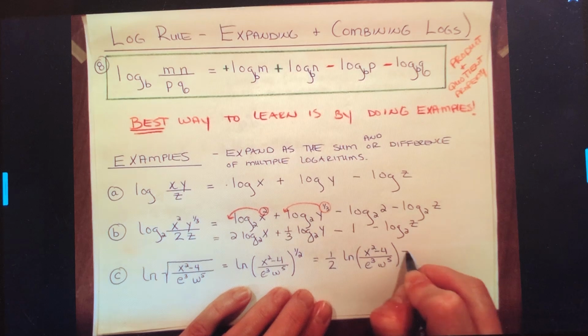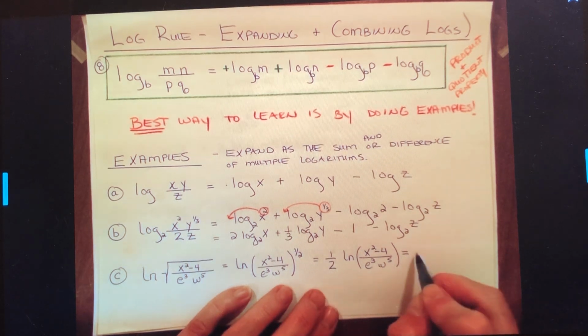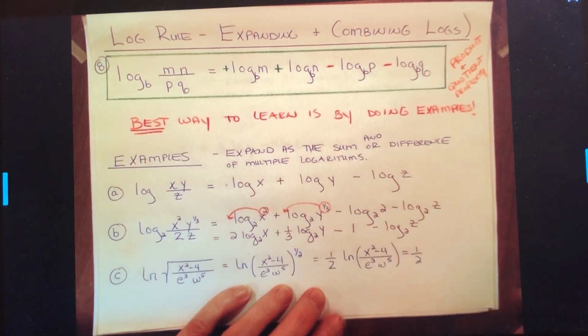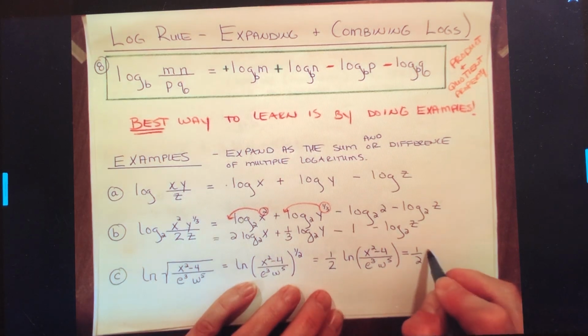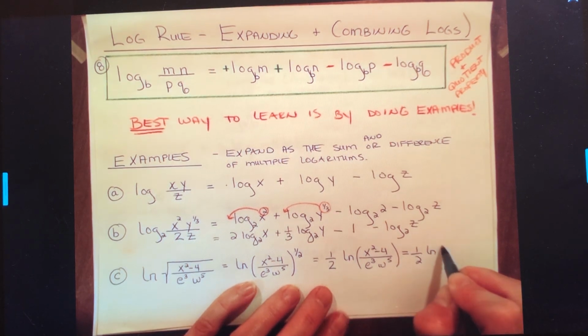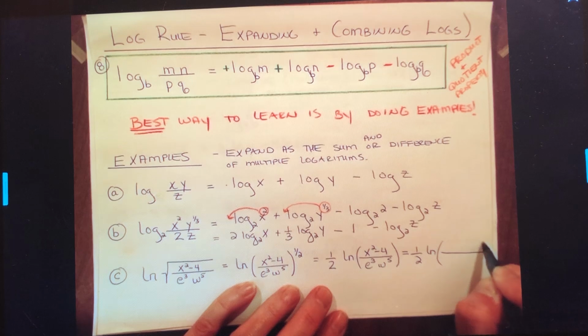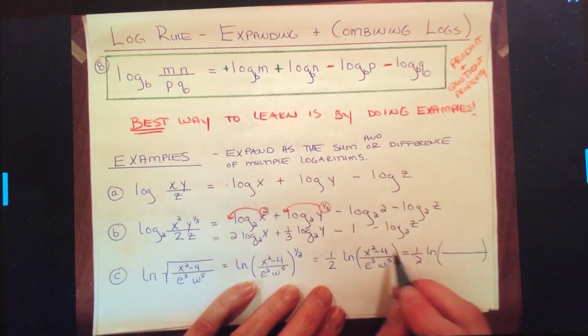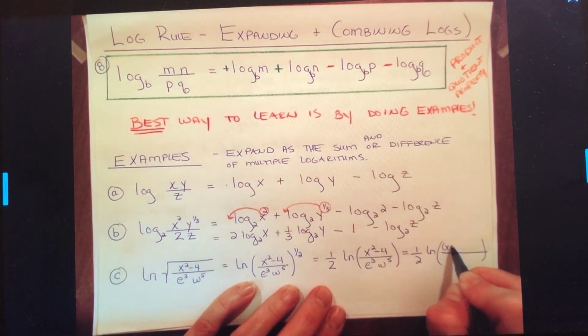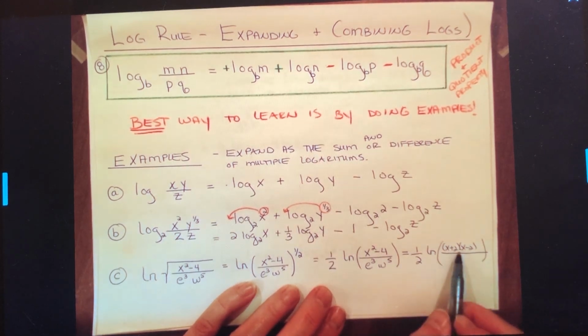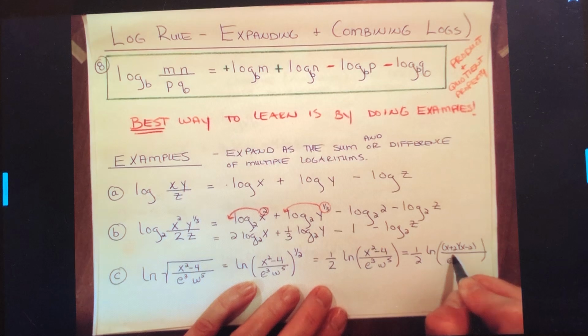Actually, let's scratch that. Let's go ahead and write it as the product. Either way is fine. We'll go ahead and do it this way. So let's rewrite this. This is x plus 2 times x minus 2 if I use my factoring skills. And this is e cubed times w to the 5th.